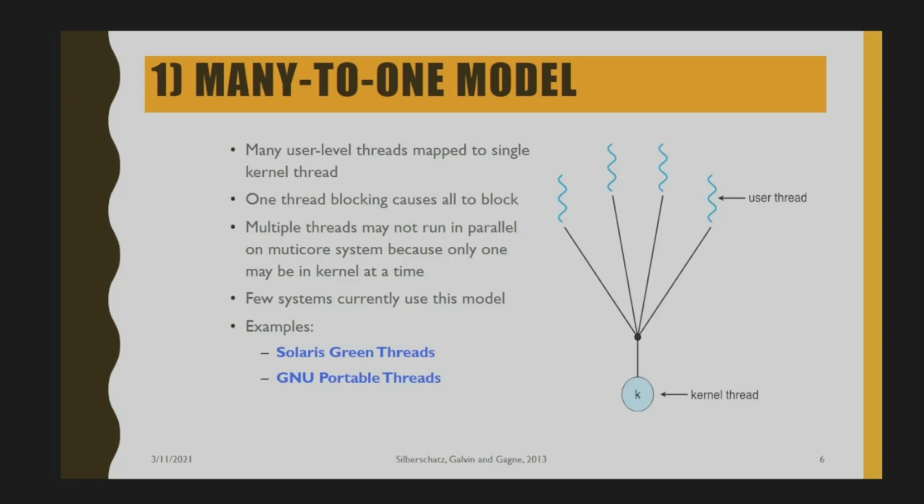Since we have many to one, we cannot run in parallel. Few systems currently use this kind of model. Examples of OSes that use this model are Solaris Green Threads and GNU Portable Threads. So these are the many to one model.